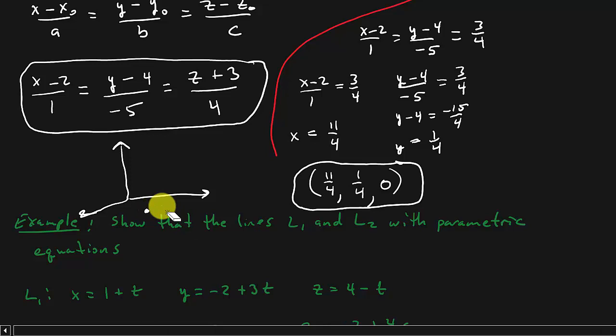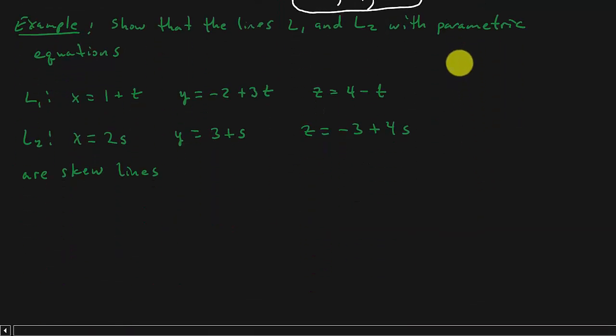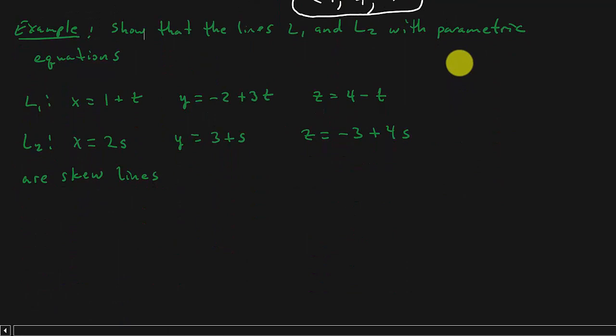But then your line's coming in like this, and that's what we're looking for, where it intersects that XY plane. All right. I didn't leave myself a lot of room on working that problem, did I?